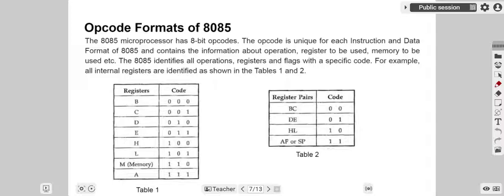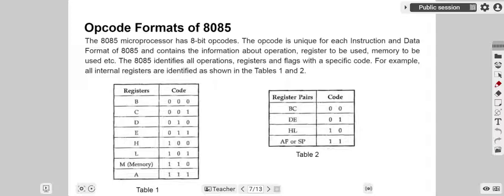Please try to understand the concept that the 8085 microprocessor, as we already know, sends out a 16-bit address to access 64 kilobytes of locations. So we already have 65536 locations in 8085 and it has 16 bits of address which is required to be sent so as to access a particular location.